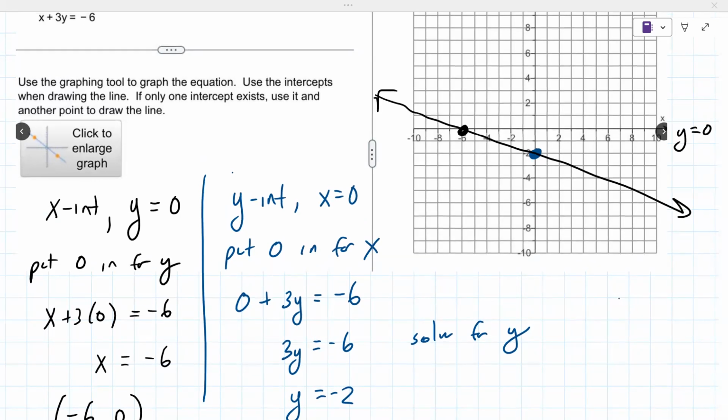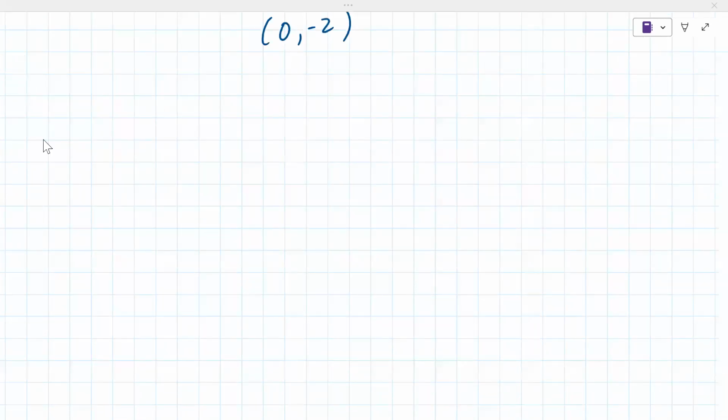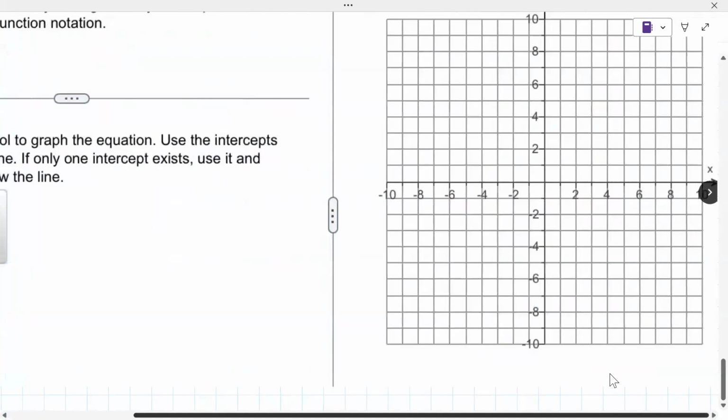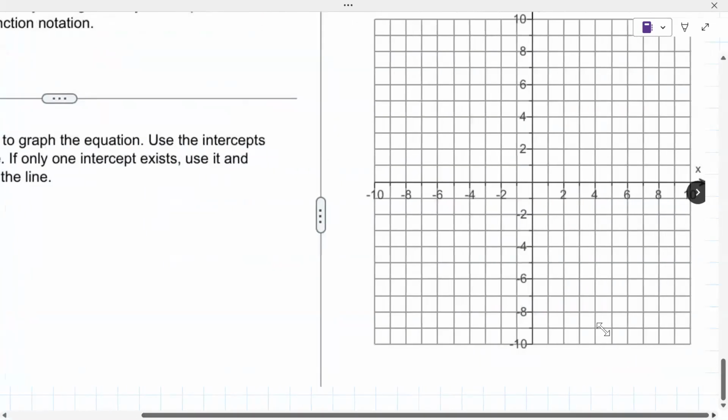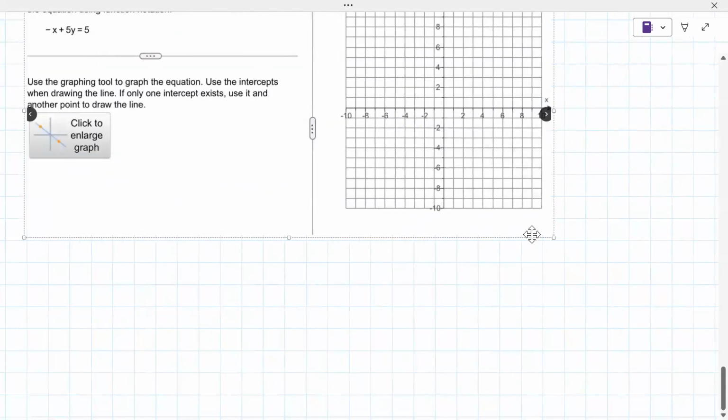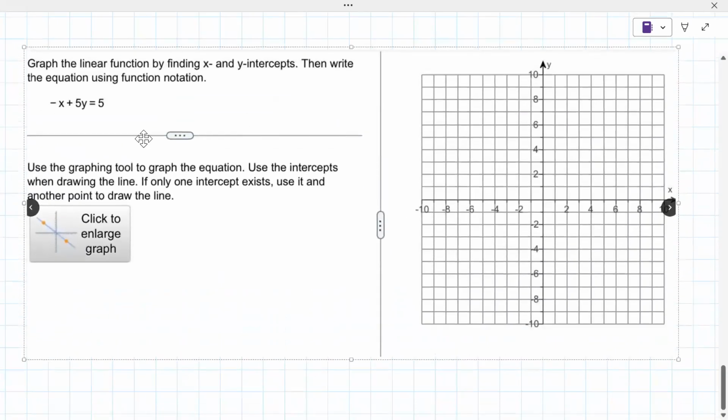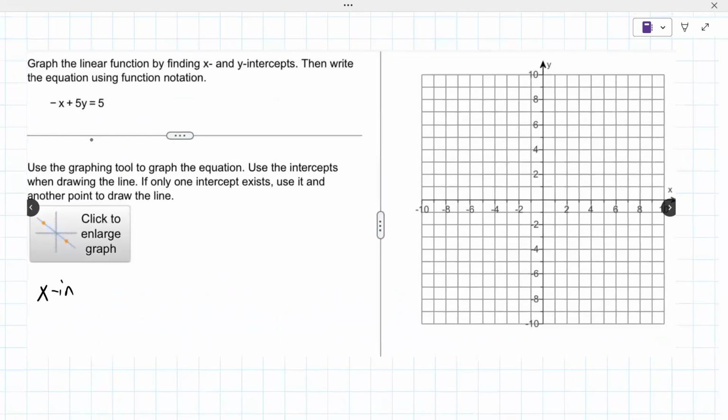Okay, so we will proceed with doing some more examples from your assignment here. There's really two types of problems you're doing. The first is slope-intercept. The rest of these are using the intercept form, kind of grouping them all together. So this one again, to find the x-intercept, you set y equal to 0.